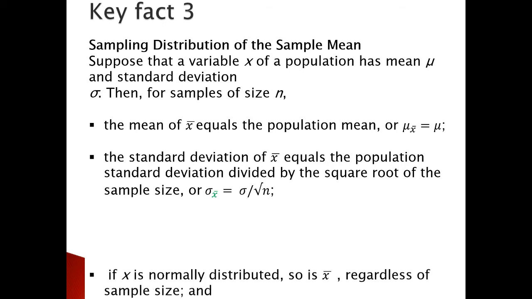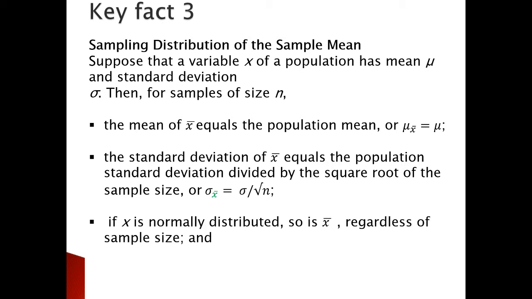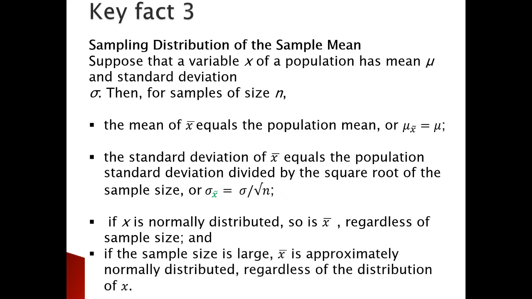The third suggests that if x is normally distributed, then x bar is also normally distributed, no matter what our sample size is. The fourth is that no matter what our distribution is, if the sample size is large, x bar is approximately normally distributed.